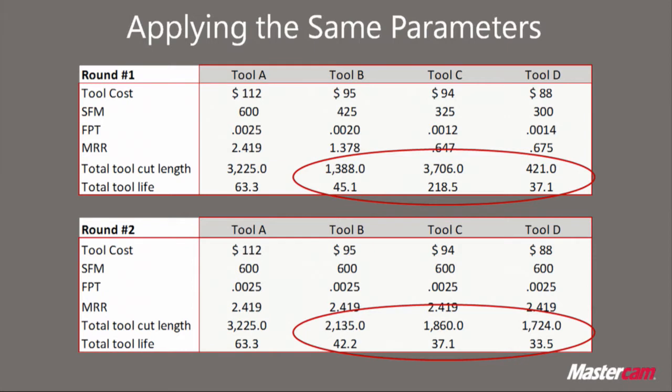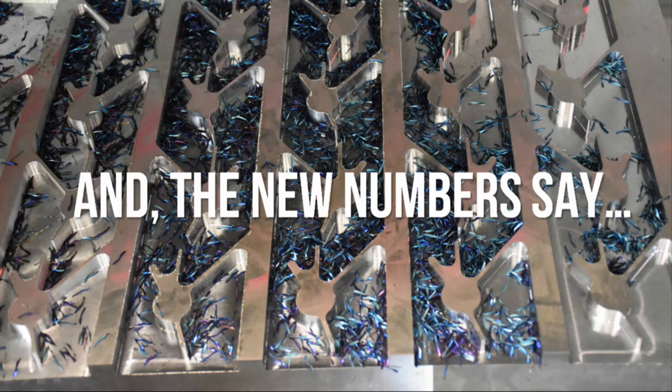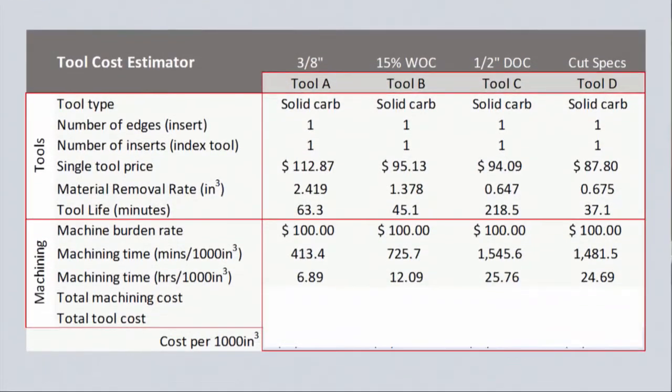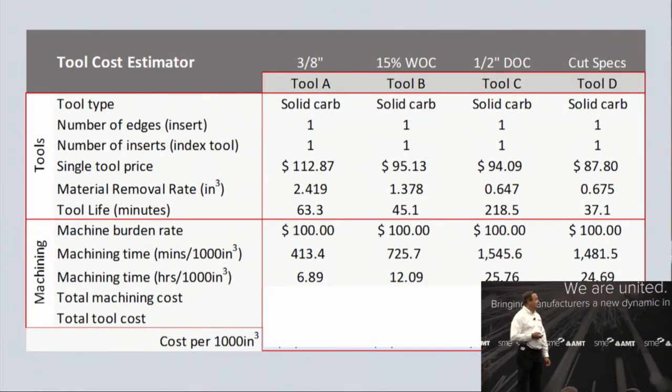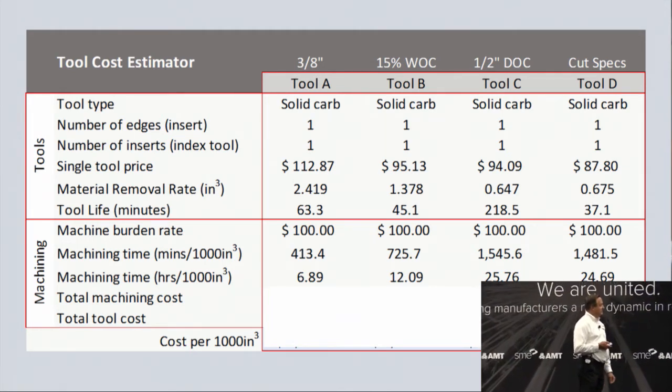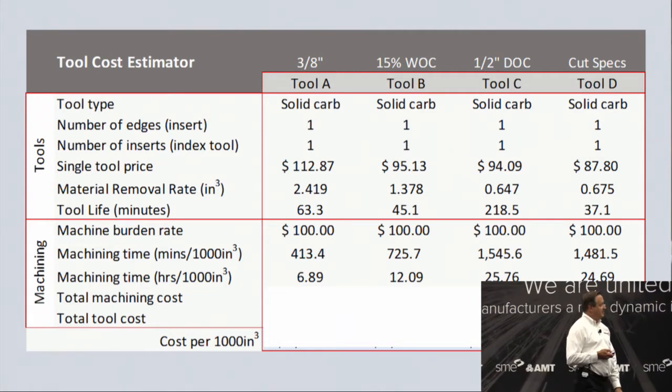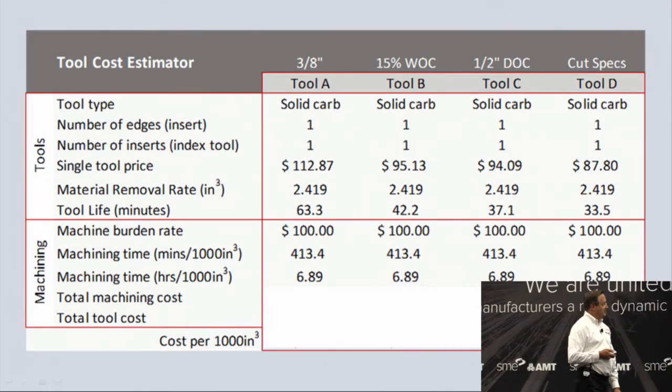Okay, so again, there's some interesting data that we're getting back. Now, when we actually do the cost study, let's take a look at the differences. Again, we're using the tool life. Our material removal rate is exactly the same, so we've overridden that.